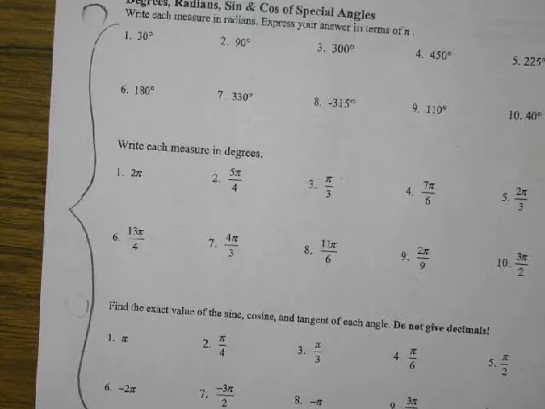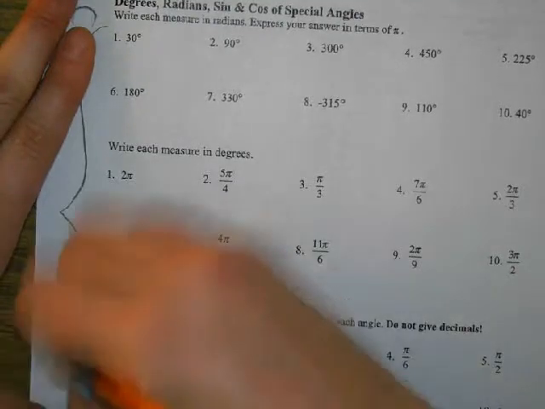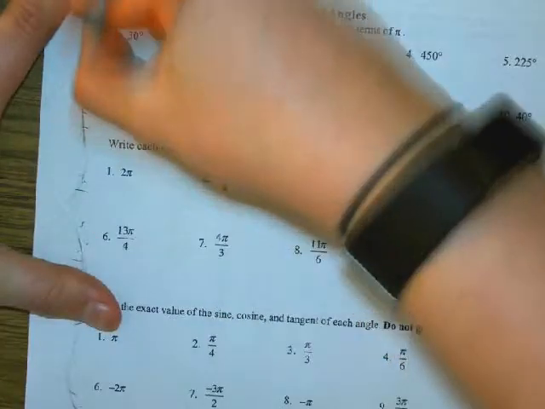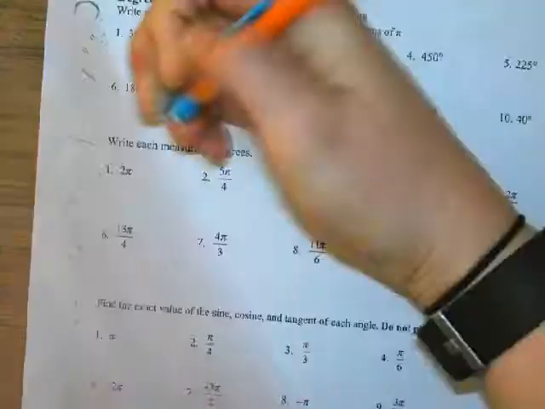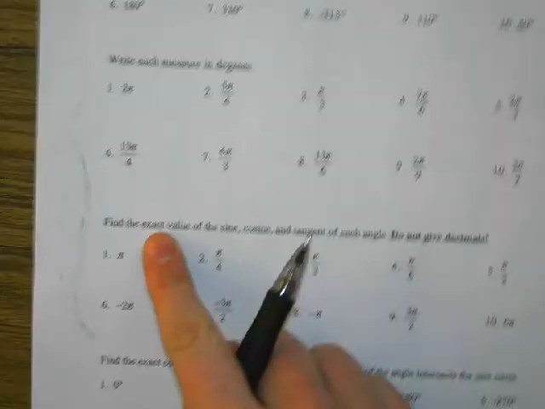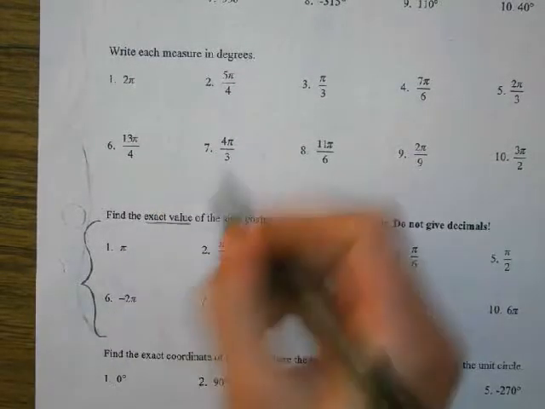Actually, a lot of you guys don't have calculators, huh? Okay, I lied. Just the 3rd section. So that's 1 through 10 on the bottom. Just this one where it says find the exact value. What it means when it says the exact value is use your unit circle.